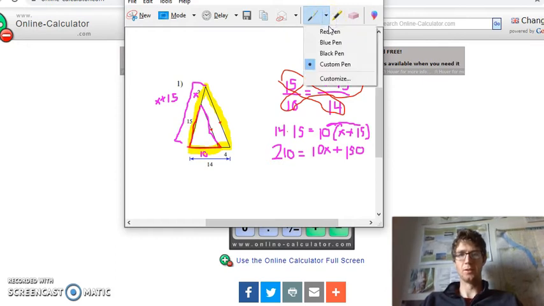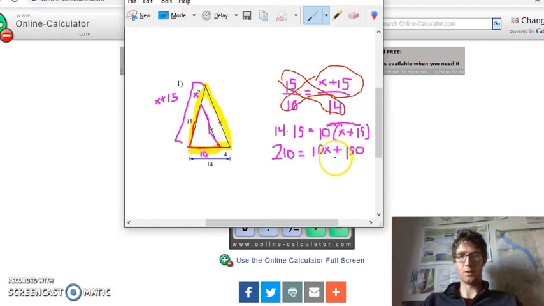So next step, we're trying to get the x by itself. So what I'm going to do is subtract 150 from both sides, just get rid of the 150. So at that point, this just becomes 10x is equal to 210 minus 150, which will give you 60.